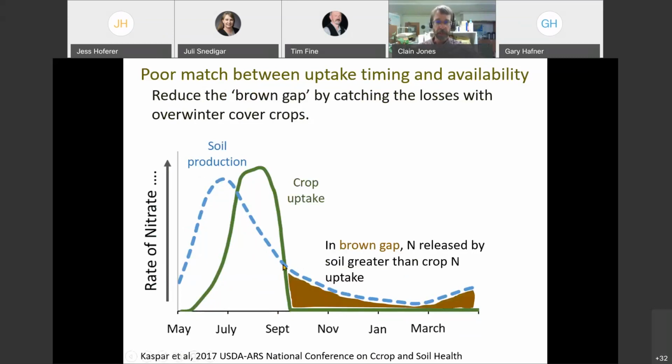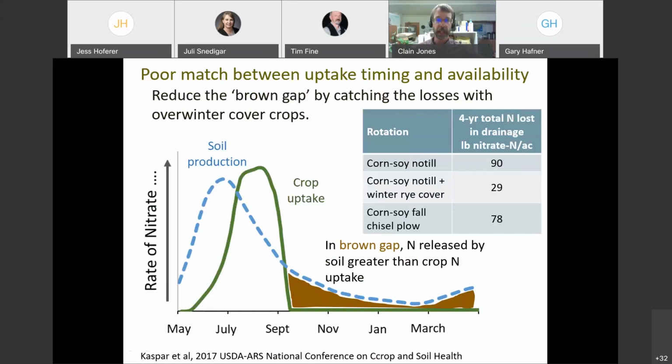So I'm referring to this as the brown gap, meaning where nitrogen is released by the soil greater than the crop is taking it up. Now I realize we're not in major corn-soy country in Montana, but I thought this study was relevant. What I'm showing over here in the second column is the 4-year total nitrogen lost in drainage in pounds of nitrate per acre.